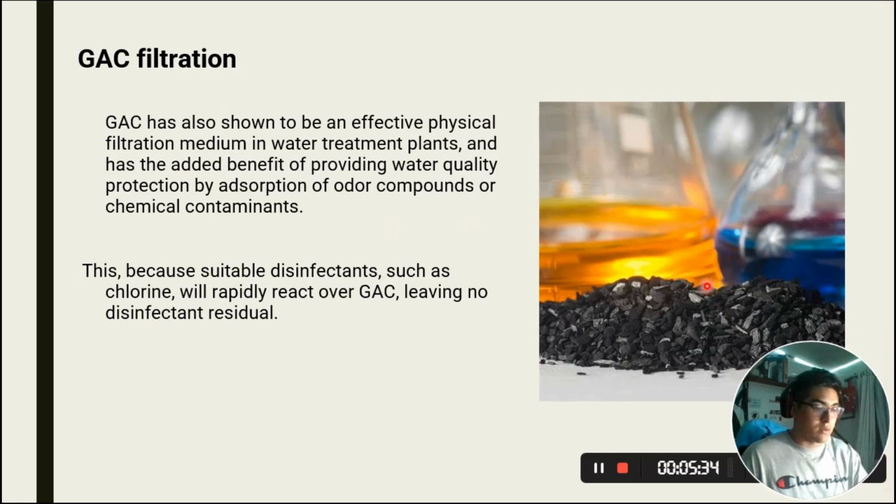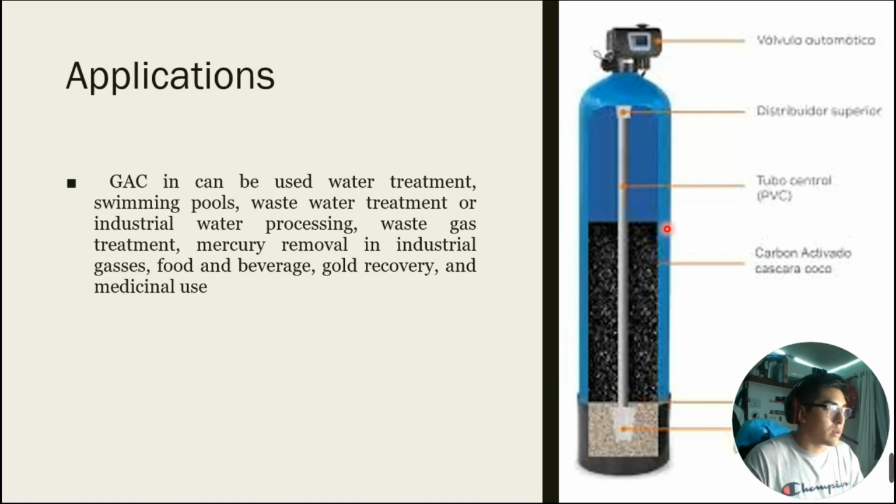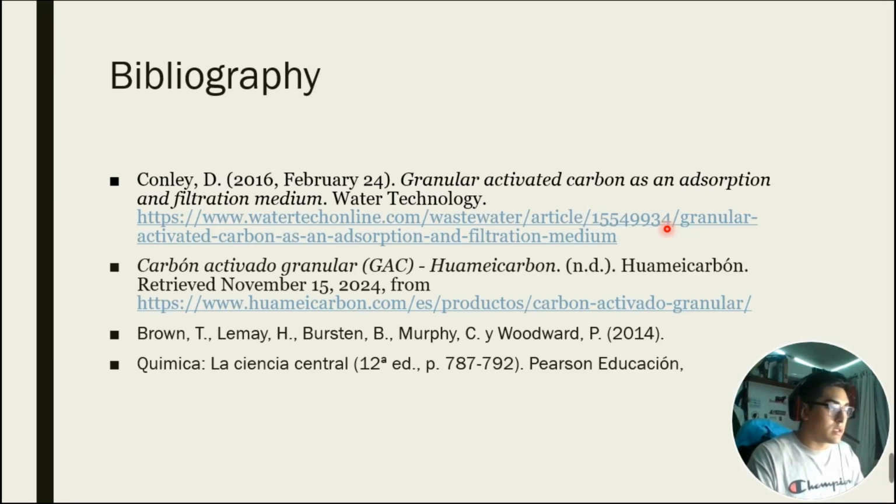So the application of the last one is that GAC can be used in water treatment, swimming pools, wastewater treatment, or industrial water processing. Waste gas treatment, mercury removal in industrial gases, food and beverage, gold recovery, and even medical uses. Well, this is everything for me.